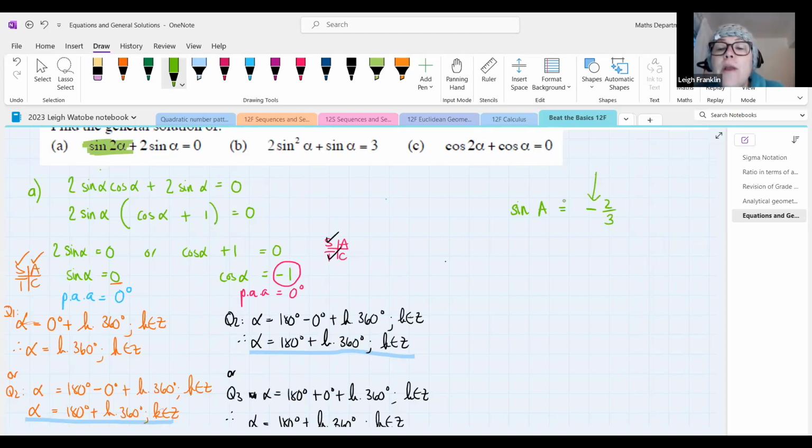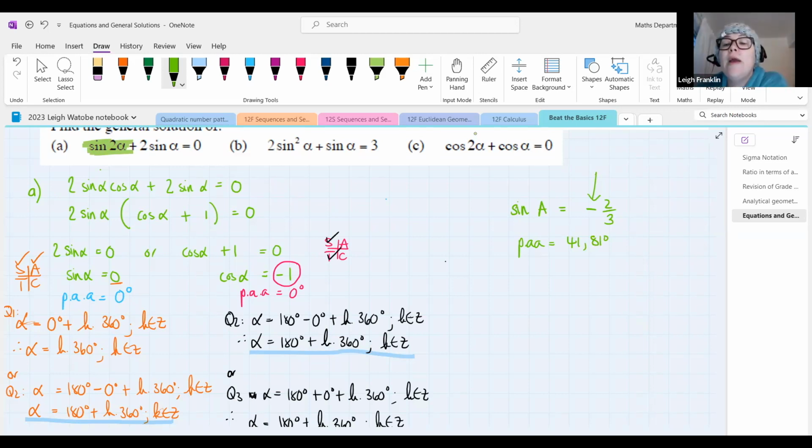So when you are calculating your PAA, you ignore the negative. On your calculator you would go shift sin and put in 2/3, not -2/3, and you would get a PAA, a positive acute angle, of 41,81 degrees.